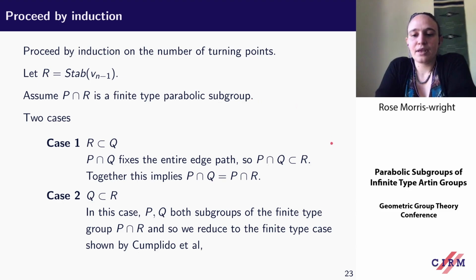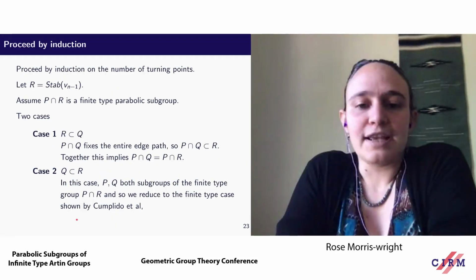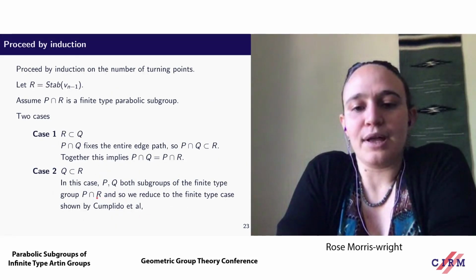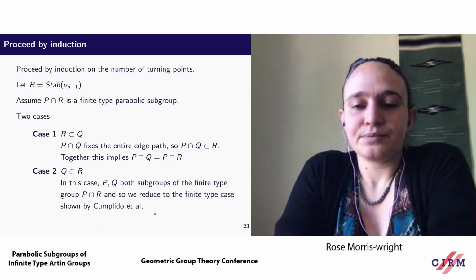And then the second case is the case where Q is a subset of R. So this is corresponding to that up, down path where the very last piece of the path is going to go down. And in this case, we really just get to reduce to the finite type case, which was already shown by Cumplido et al. previously.